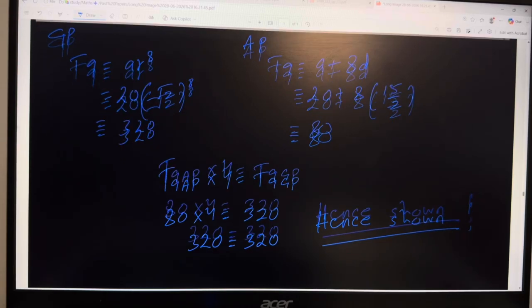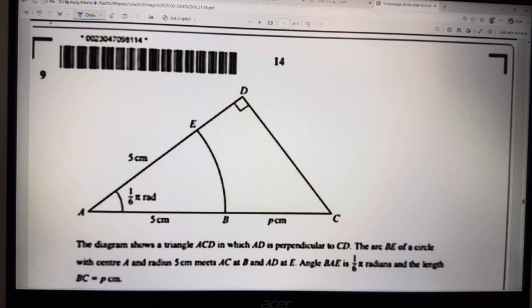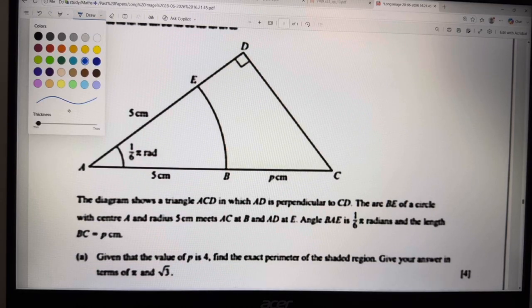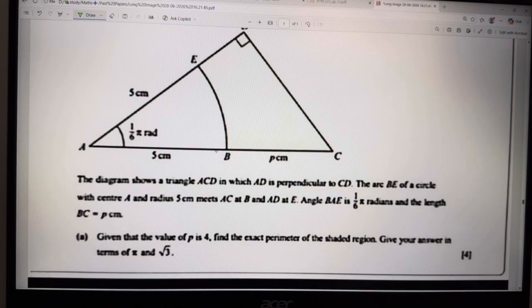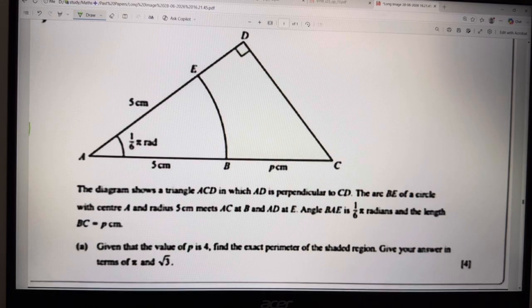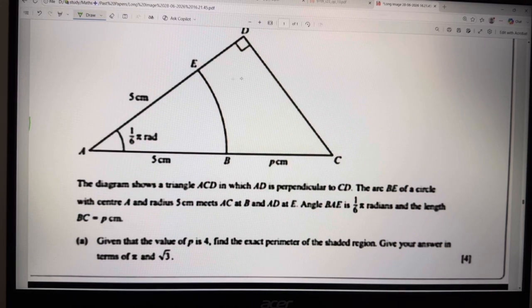Okay, now next part. This shows a right angle triangle ACD, and AD is perpendicular to CD.